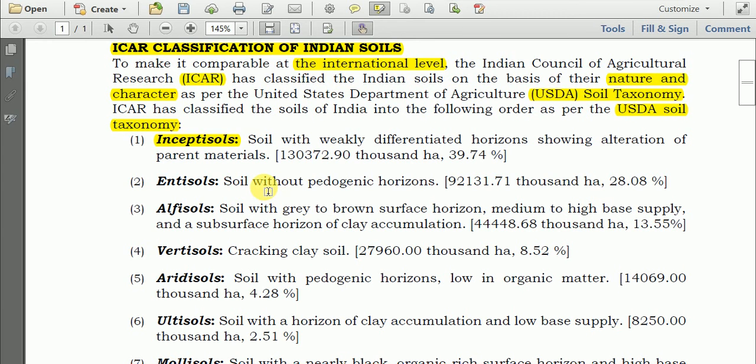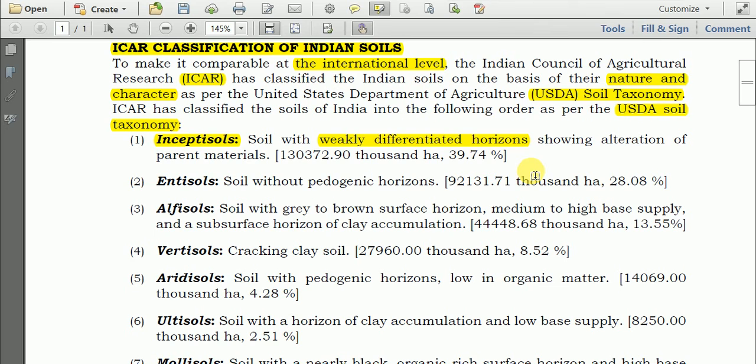The first one is known as Inceptisols. What does Inceptisol mean? Soil with weakly differentiated horizons, showing alteration of parent materials. So it has weak horizons, weak layers.